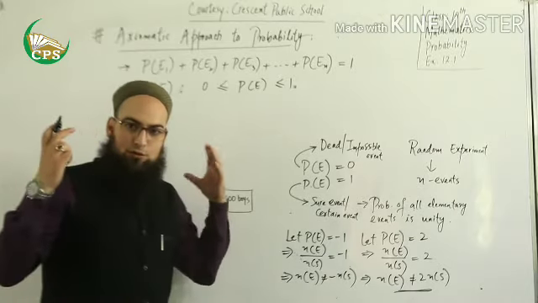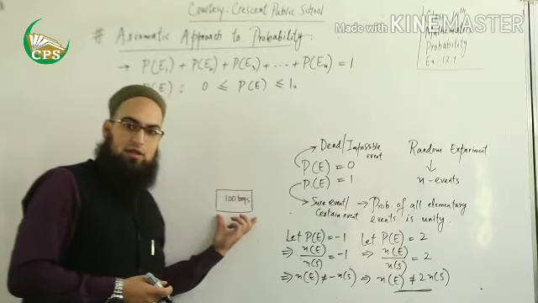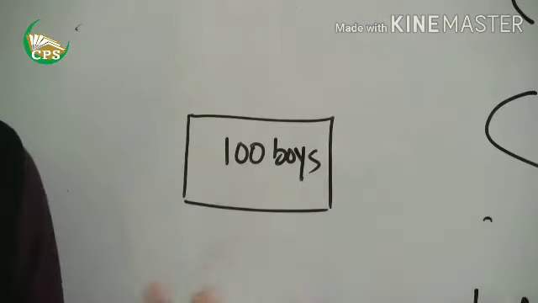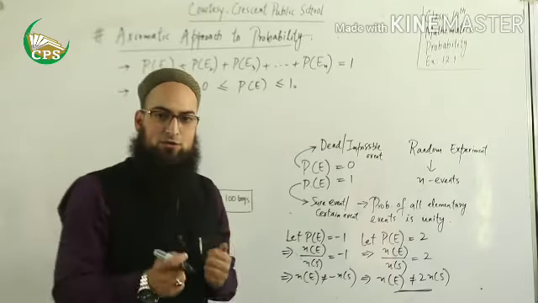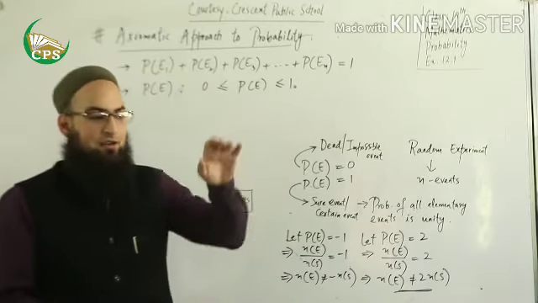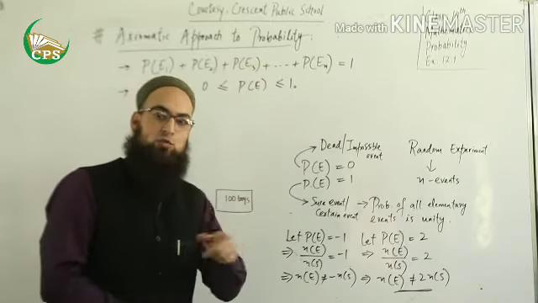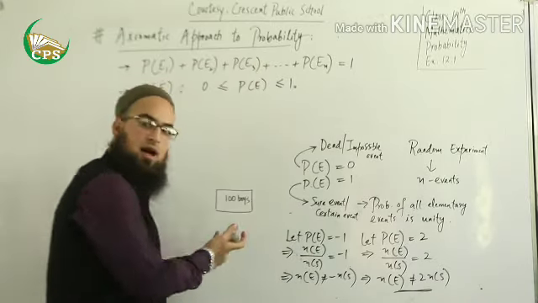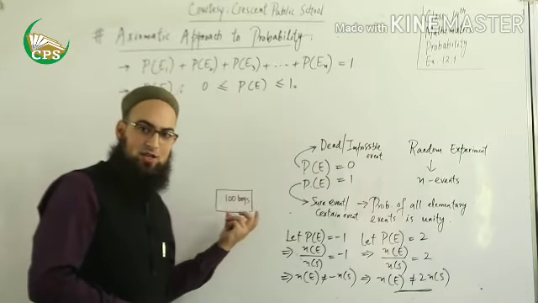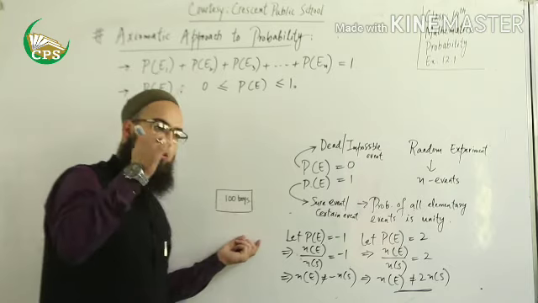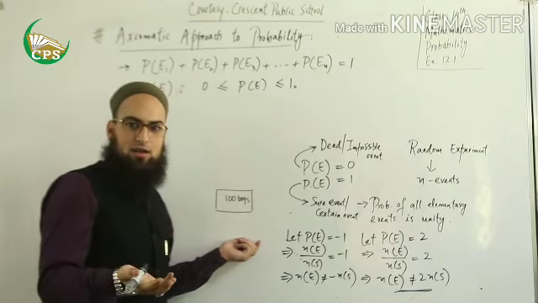Now if we are blindfolded and we are told to select a student randomly in this class, what are the chances that if I point towards a student, that student happens to be a boy? Chances are 100%, because the class contains only 100 boys. So if I point towards any student, it is surely a boy.